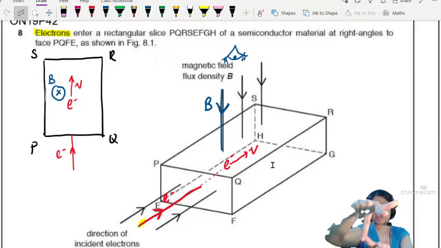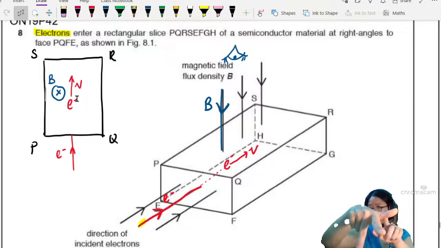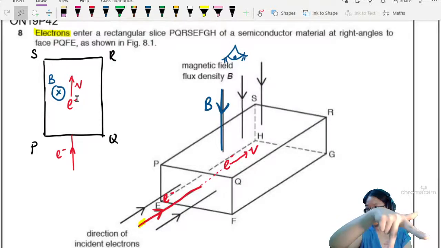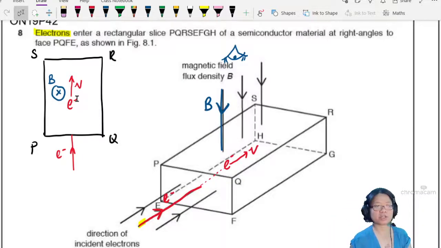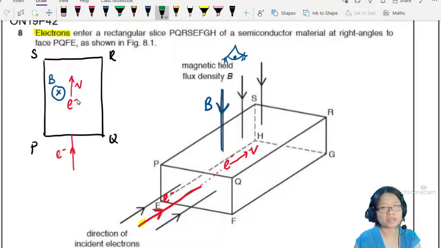Your middle finger is going down, against the direction of electron flow. And where is my thumb? I find that my thumb is pointed towards the side RQ. So the direction of the magnetic force, FB, will be in this direction.